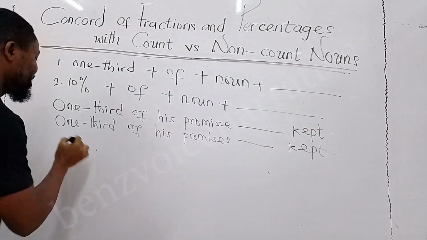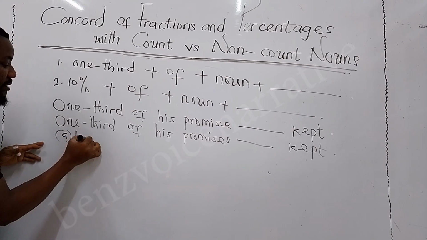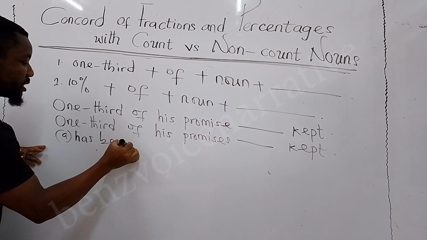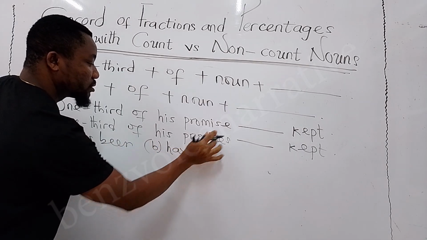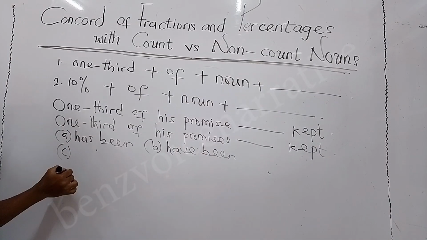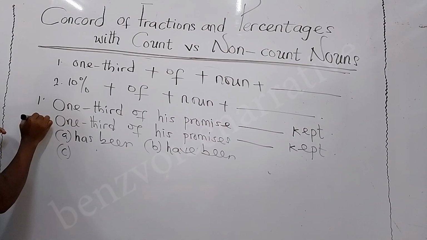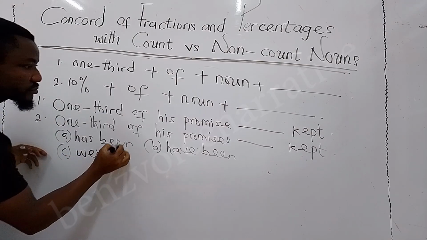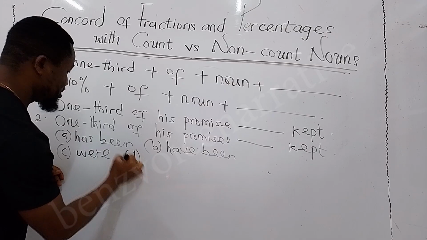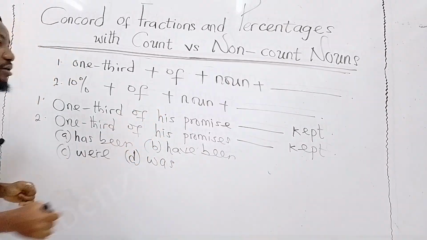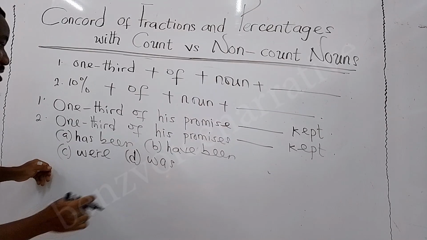Let's say kept. Option A, let's say we have has been. Option B, we have been. Option C, for question one alone, okay.